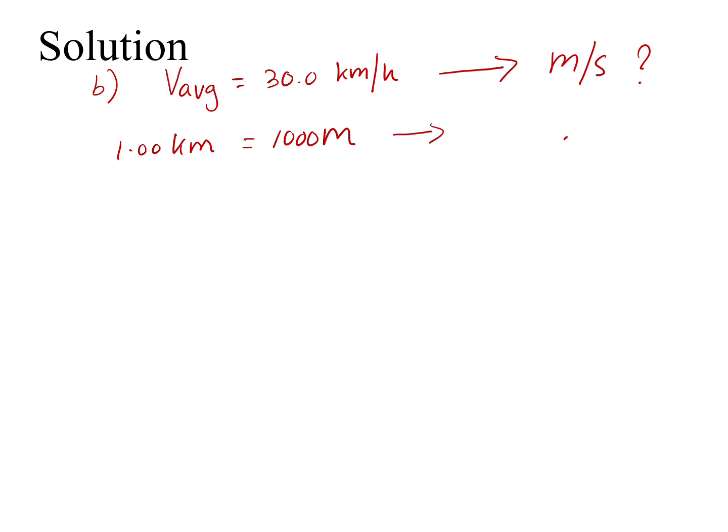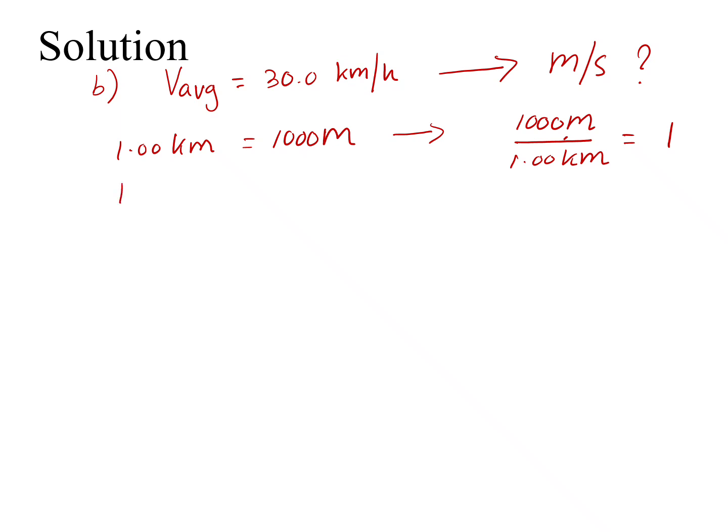So from here we get the fraction 1000 meters divided by 1 kilometer is equal to 1. So we need this fraction to multiply here in order to cancel out kilometers and give us meters. And we also need to convert the time.